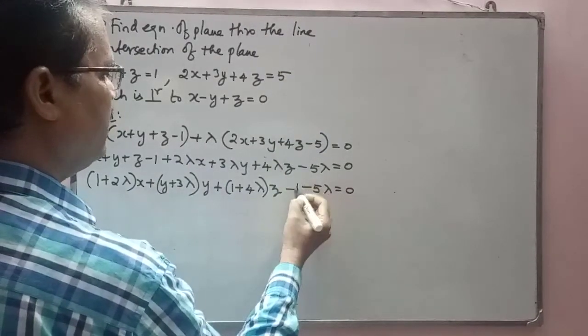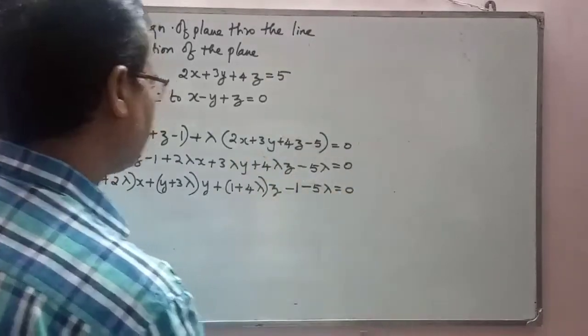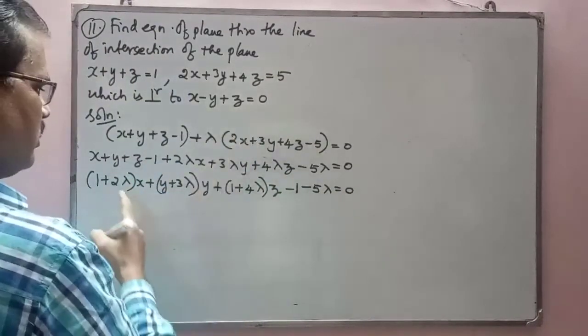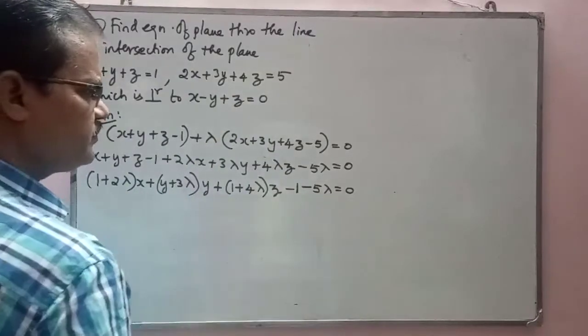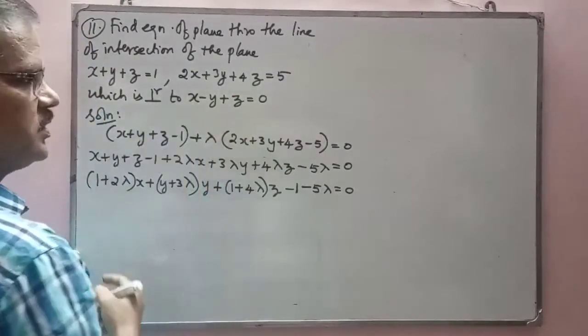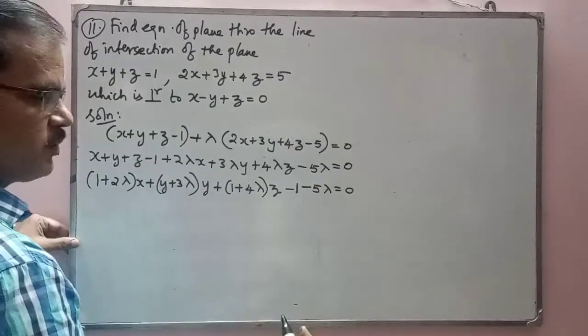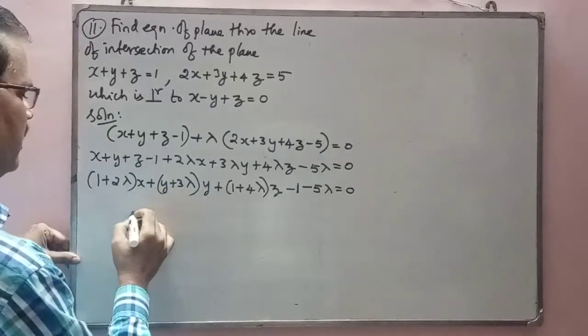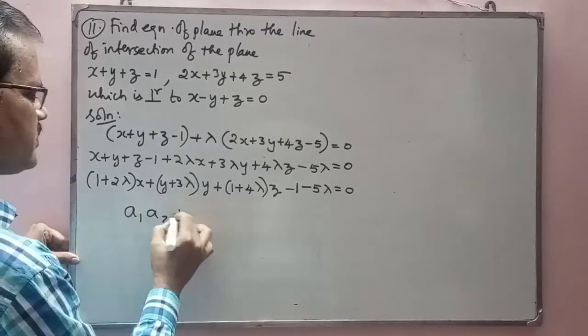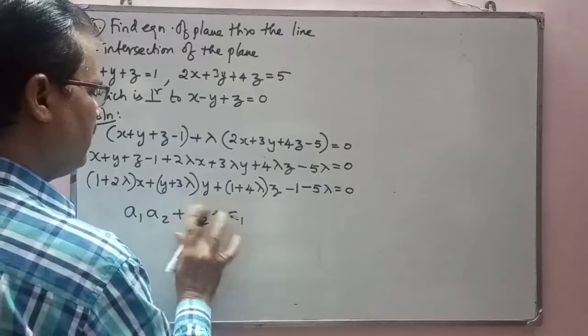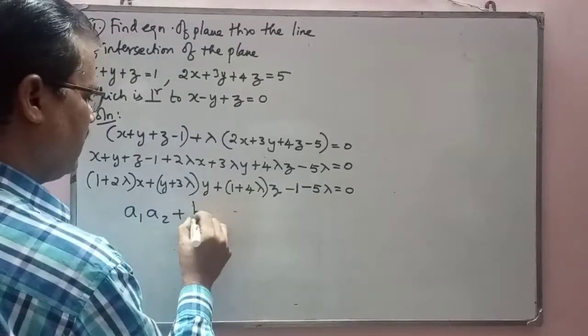Now to find lambda, you would have been given another clue. That clue is our plane is perpendicular to this plane. So this is our plane. Our plane is perpendicular to this. When two planes are perpendicular, the normals are also perpendicular. What is the condition? A1 A2 plus B1 B2 plus C1 C2 will be equal to 0, right?